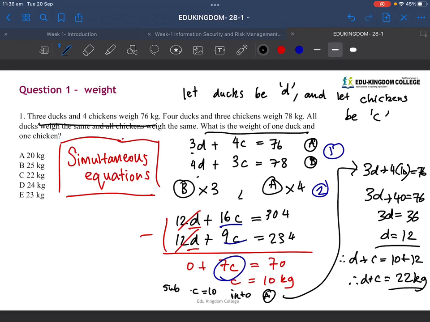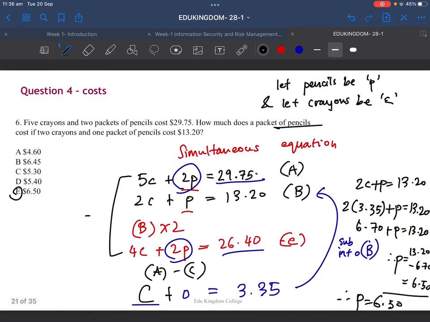From this common term, we subtract these 2 options to find one term, which was 7C, and 7C equals 10 kilograms. We substituted it back into our options, A or B, doesn't matter, to find our other term, which was D, and correspondingly find the answer to that as well.